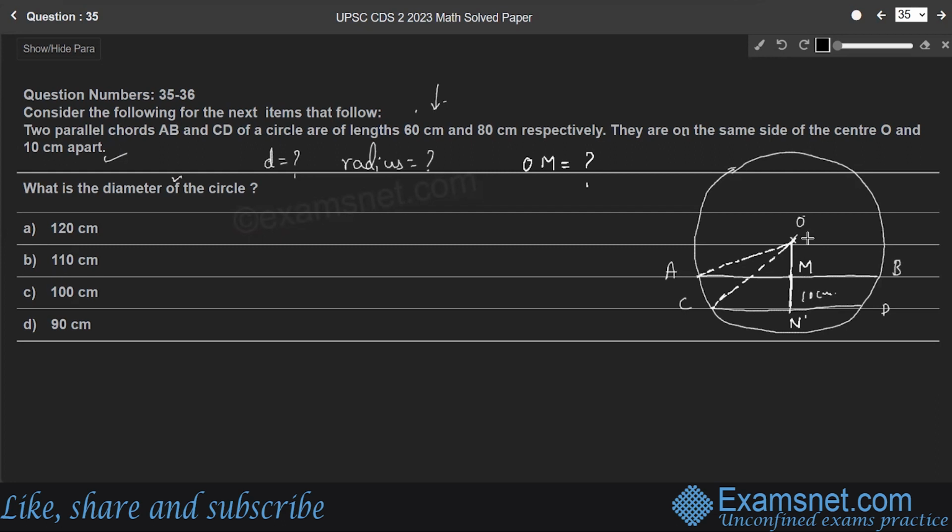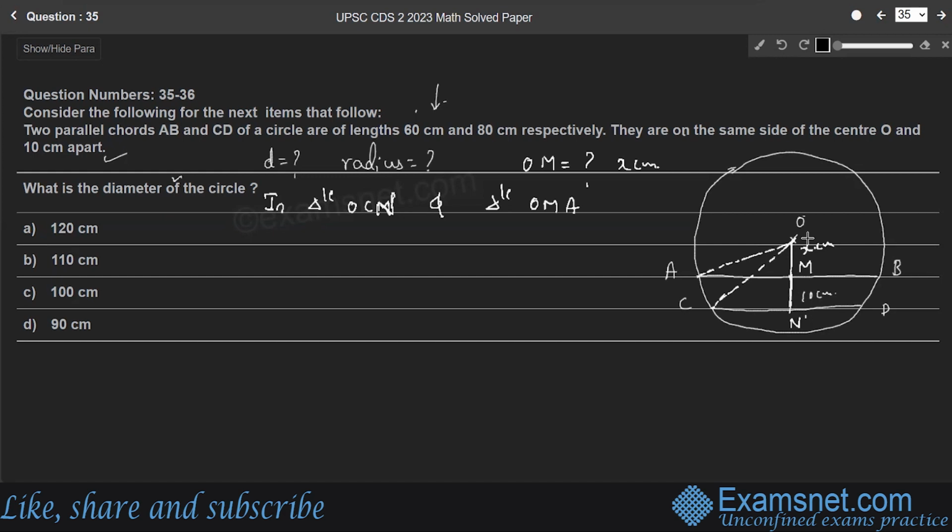By considering the two triangles, triangle OCN and triangle OMA, simultaneously, we'll apply the Pythagoras theorem. So here, let OM be x centimeter. In the big triangle OCN, apply the Pythagoras theorem.